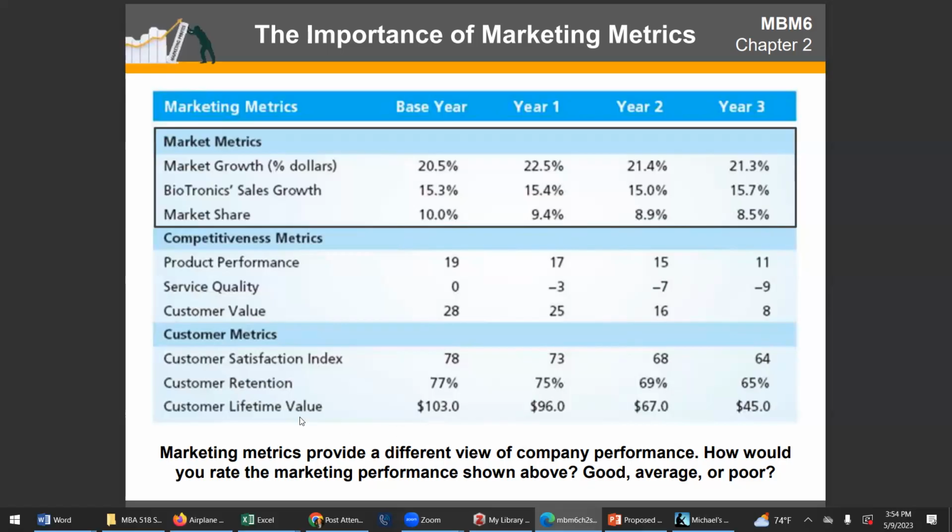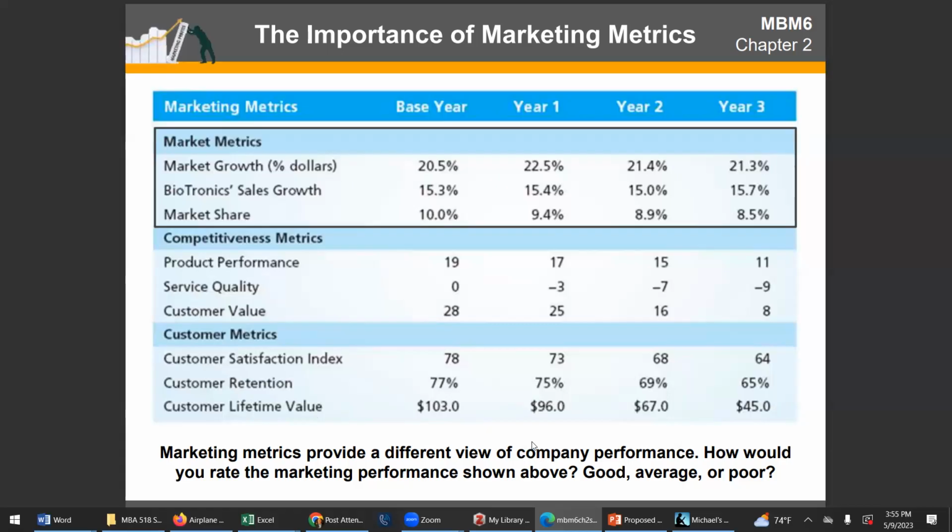And then lifetime value. We talked a little bit about that in last week's lecture. The notion that the amount of money that customers are spending with us over the lifetime of the relationship, however Biotronics is measuring this, has fallen more than 50%.